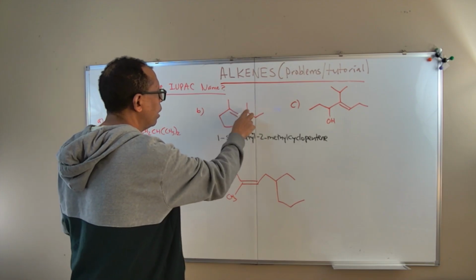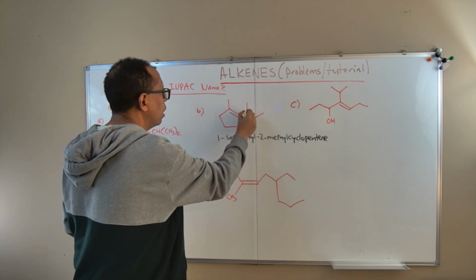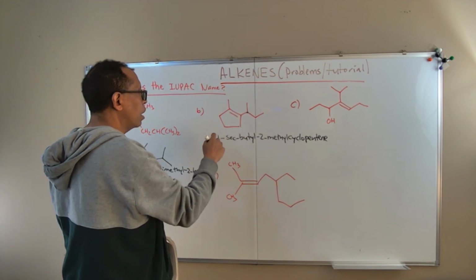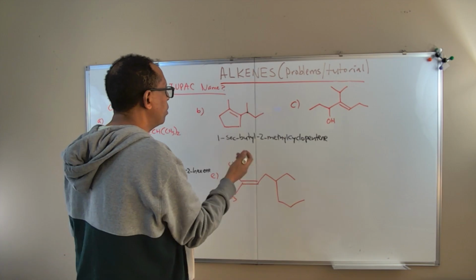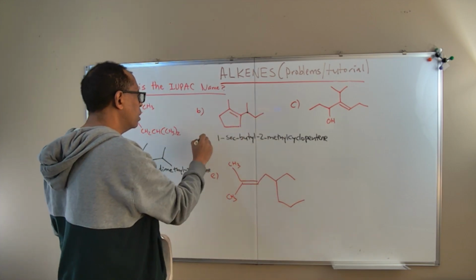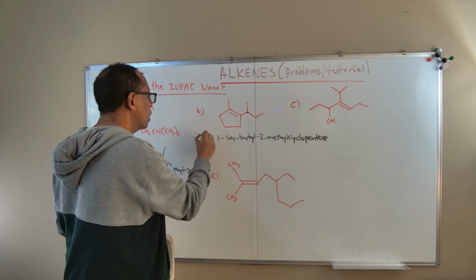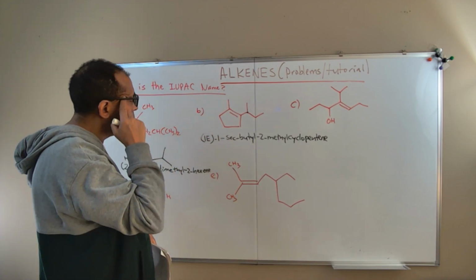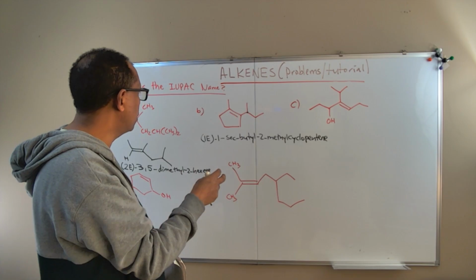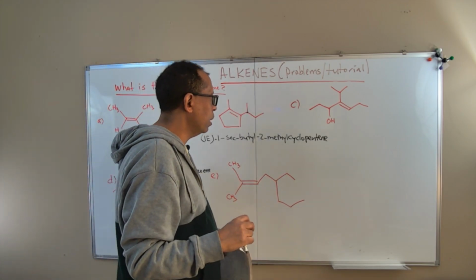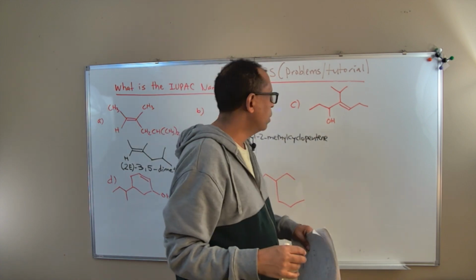So this is an E because this is CH, but here it's a CH2. So this is actually a 1E position. It's an E, 1-sec-butyl, 2-methyl cyclopentene. Let's move on to this one.